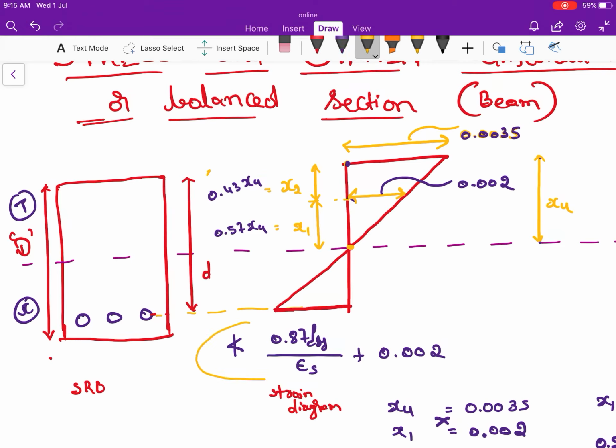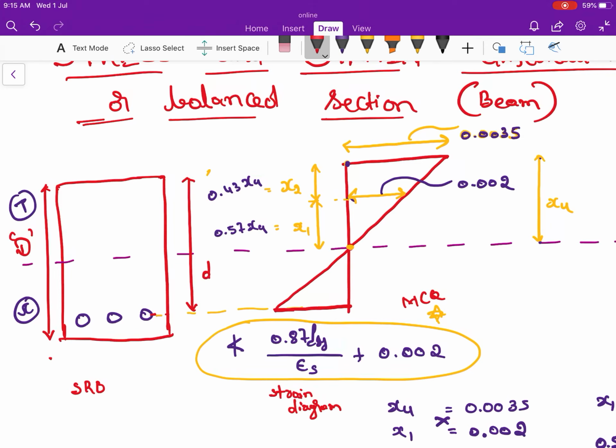See, I am highlighting this. This is the most important thing, which is most repeated in MCQs asked in many examinations. Okay, at the tension zone, what is the maximum strain? You can see that is 0.0035, and at the compression zone, it should not be less than 0.87 Fy by ES plus 0.002.